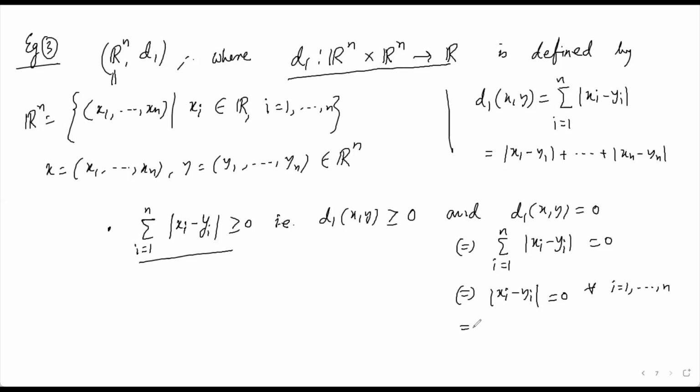And this is if and only if xi equals yi for all i equal to 1 and so on n, and this is if and only if x equals y. Therefore, d1 of x comma y equals 0 if and only if x is equal to y. So this is the first axiom for distances, which is satisfied by the function d1.